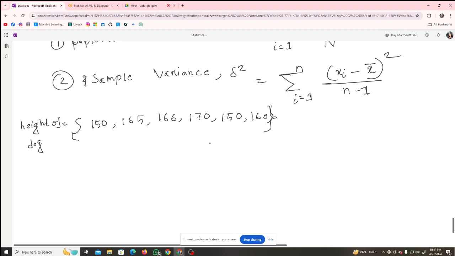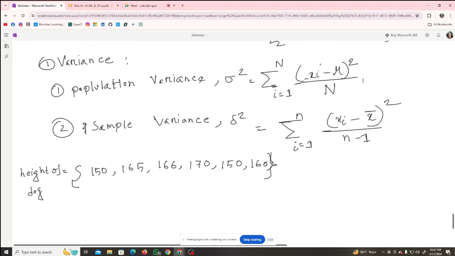Okay, so what does the variance actually tell us? The variance is the average of the squared differences from the mean, right?